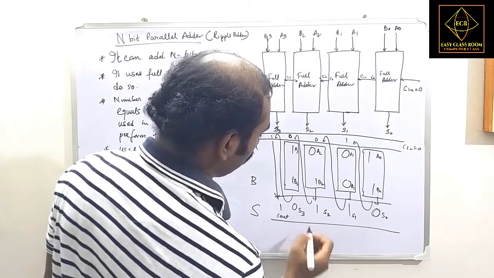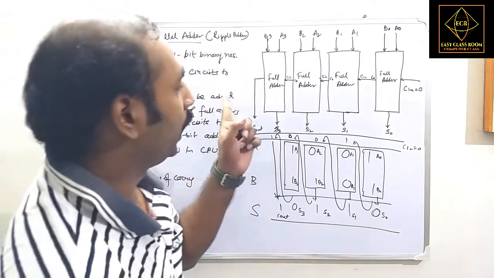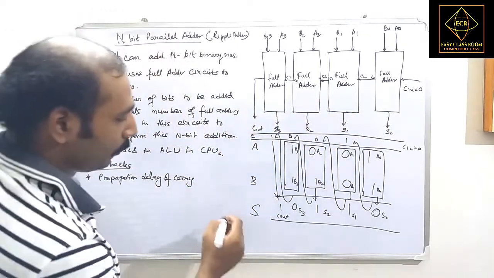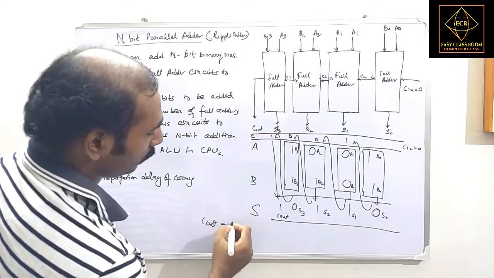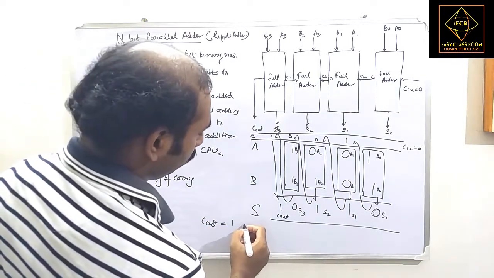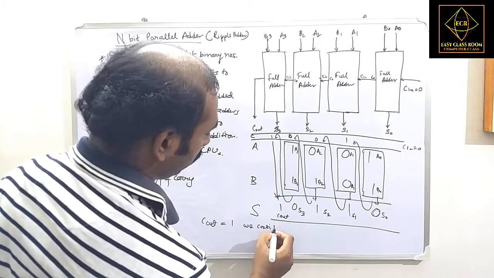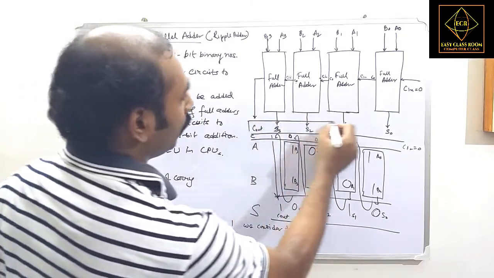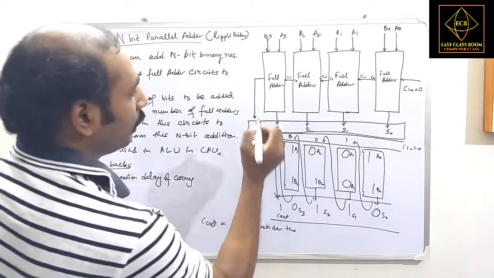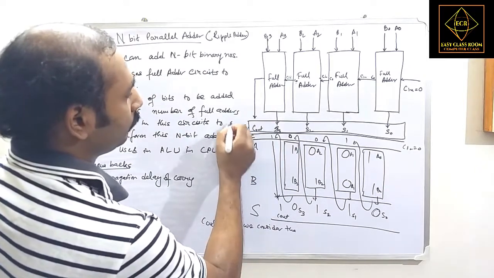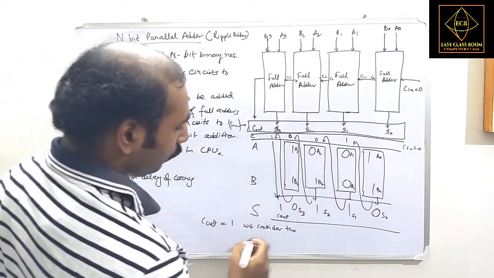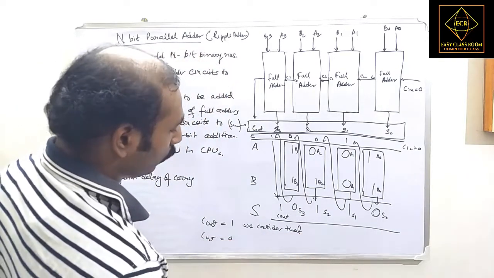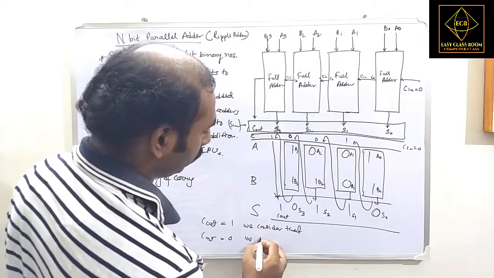C out. So if the Cout value is 1, we consider the entire value. This is our entire sum. If Cout is 0, we don't consider that.